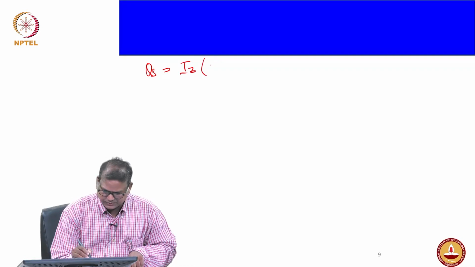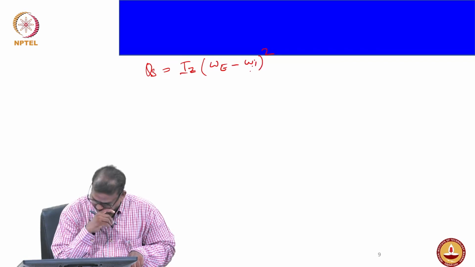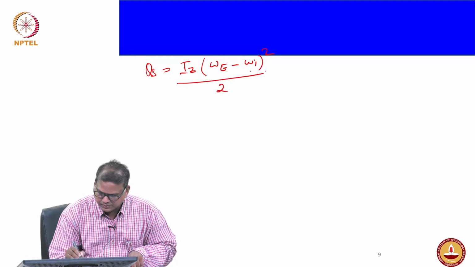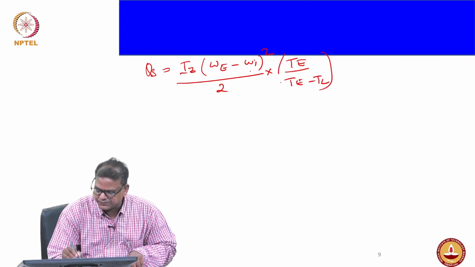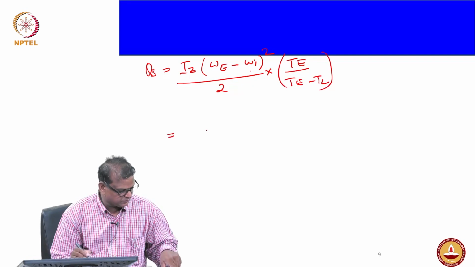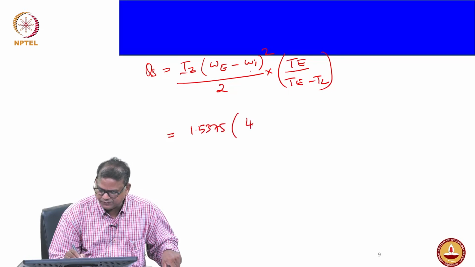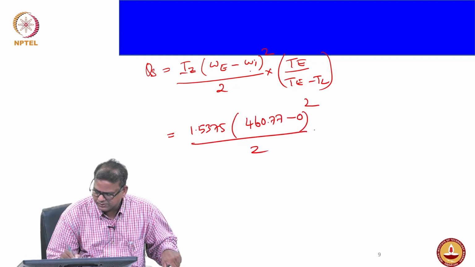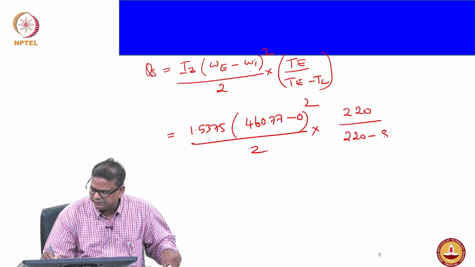So this is the engine speed, the whole square, corresponding speed by 2, then the torque T minus T_L. So I_e I know is 1.5375, engine is 460.77, this will be 0, the whole square by 2 into 220 minus 8.885, this is the thing.